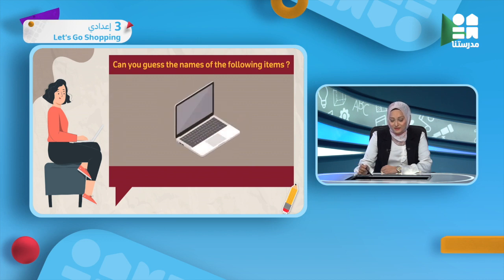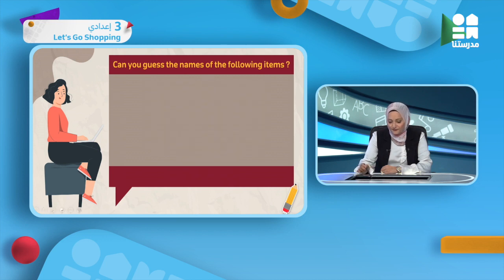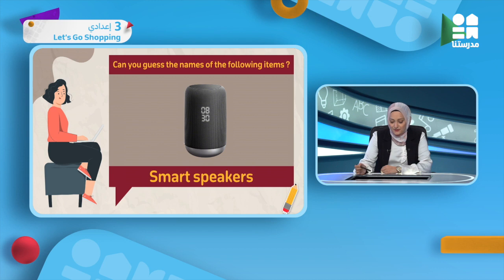What is this picture? This is a laptop. And how about this one? This is easy. This is television. And here, what is this picture? This is, we call it smart speakers.